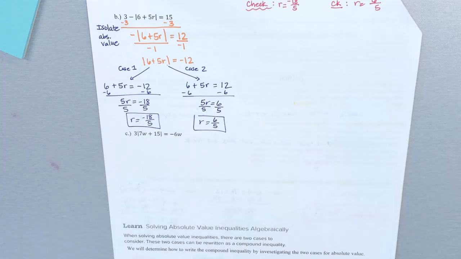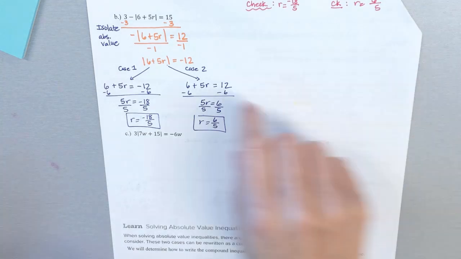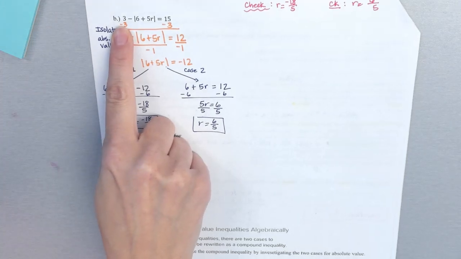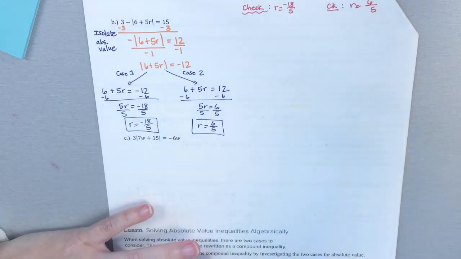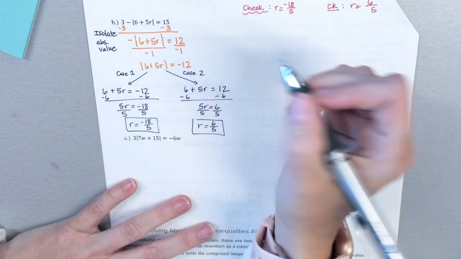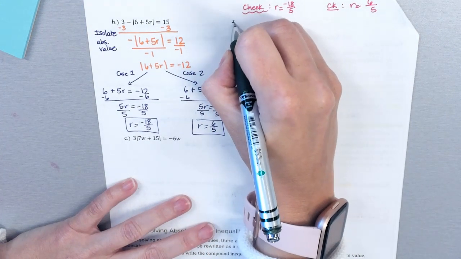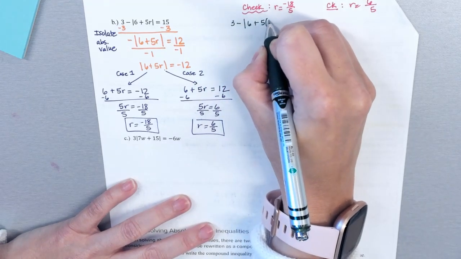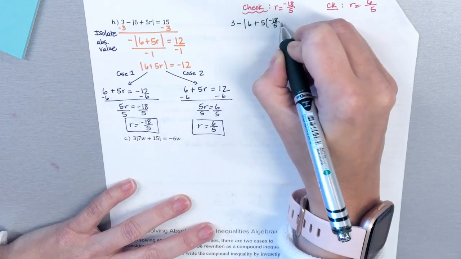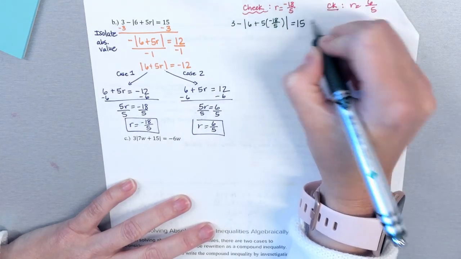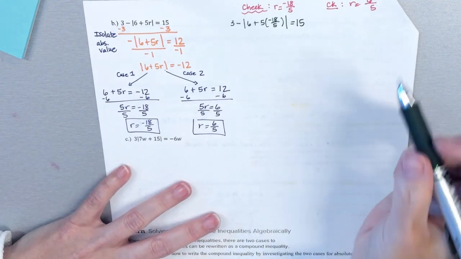The first step is always plugging it back into the original. So whatever the original problem is, that is where we're going to substitute. So we have 3 minus the absolute value of 6 plus 5R, and that is equal to 15.